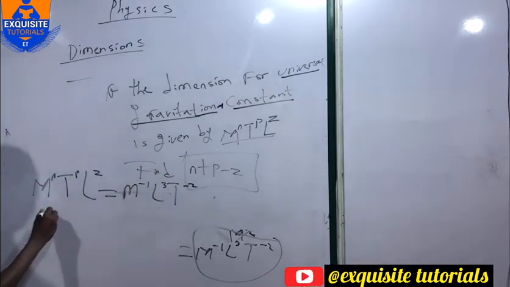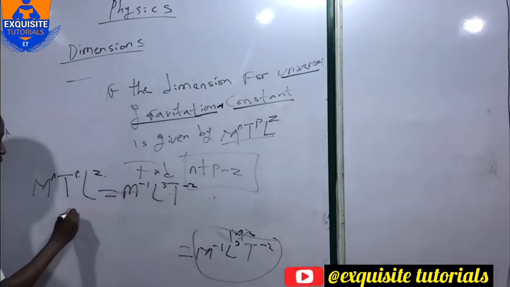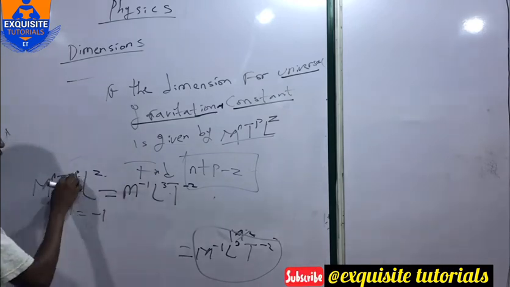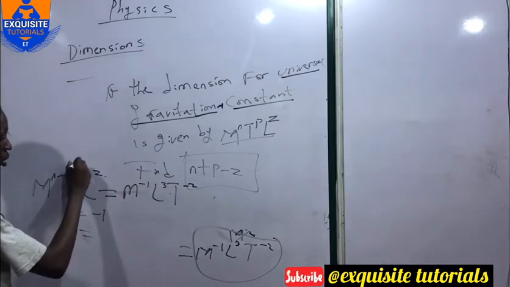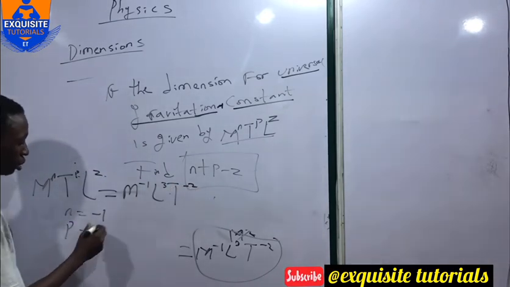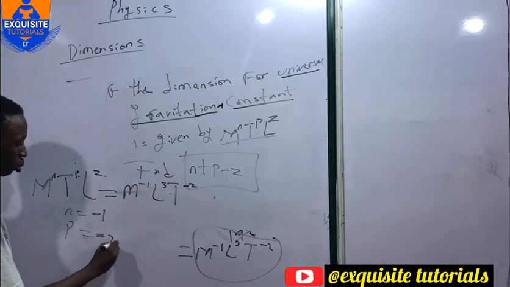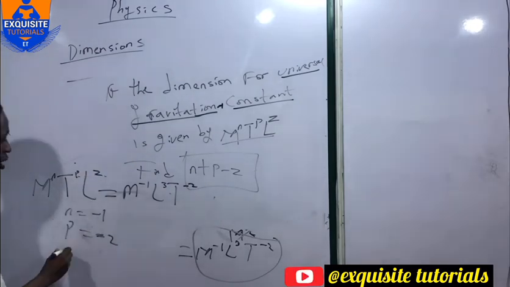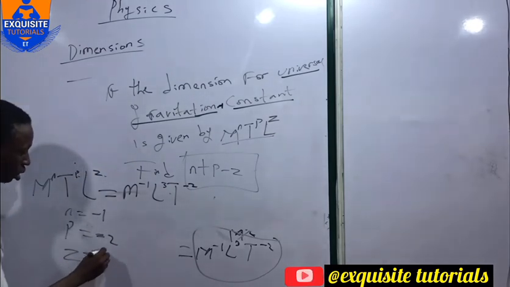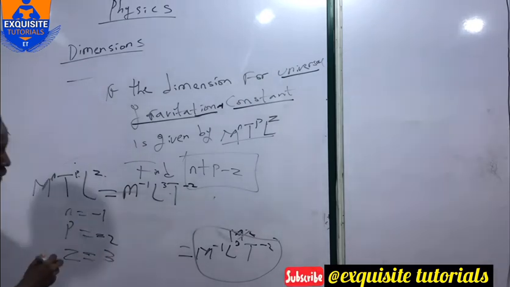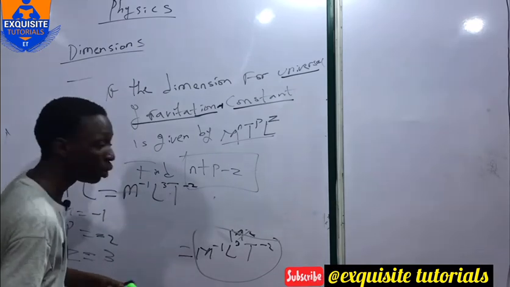So we can now see that n is equals to minus 1, p is equals to minus 2, while z, which is for L, is equals to 3.